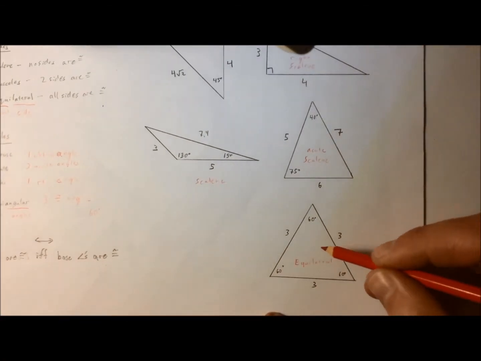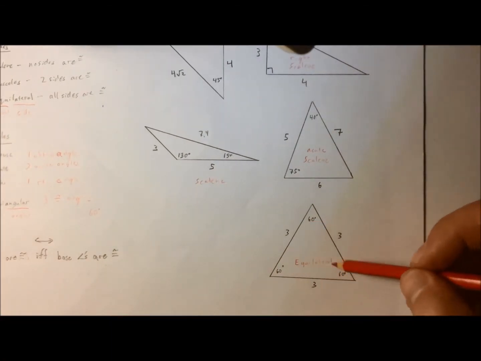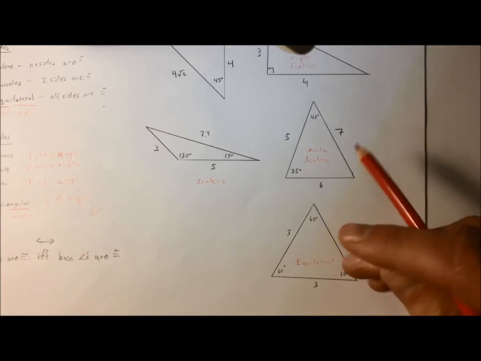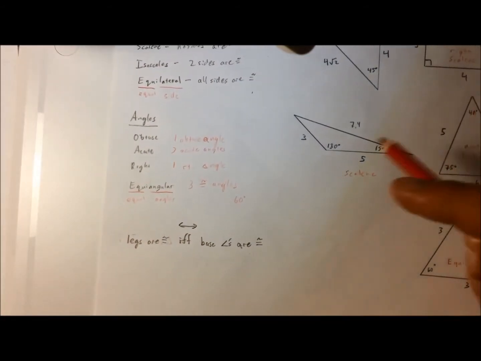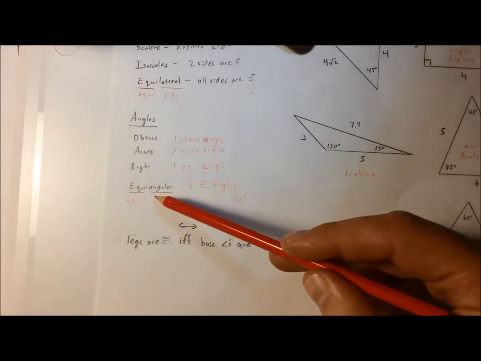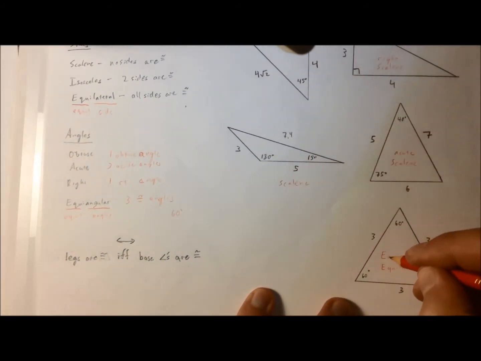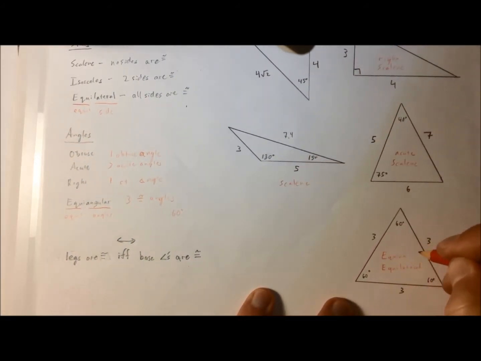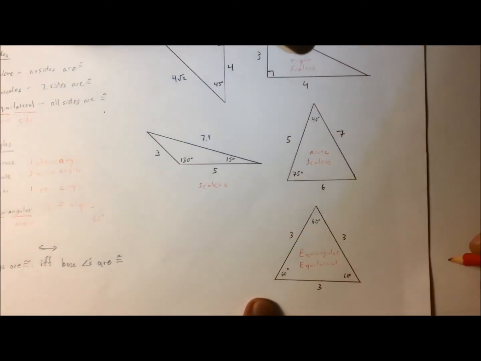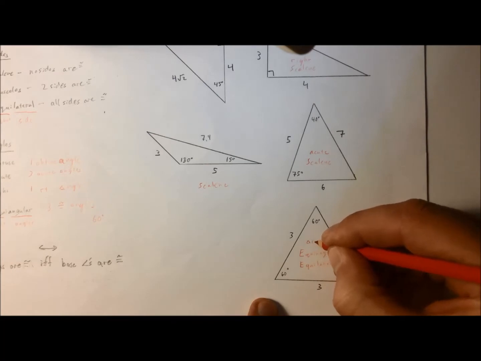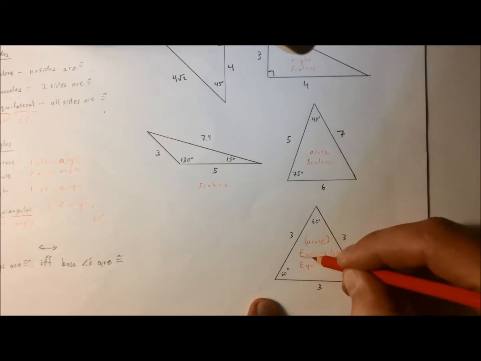Down here, all three of these are 60, which means you can describe it as an acute equilateral, but what we're actually going to say is, since all three angles are congruent, we're going to call it equiangular and equilateral. Now we could say acute, but we want to use the best term possible. So we're really going to use equiangular.